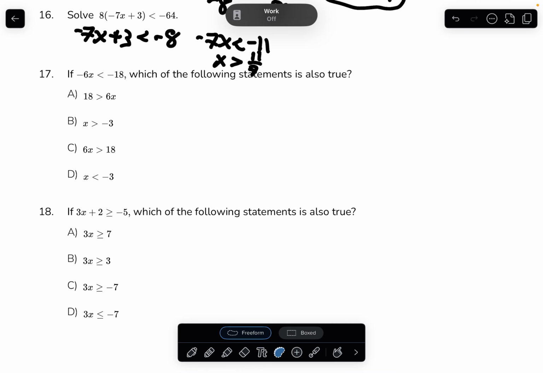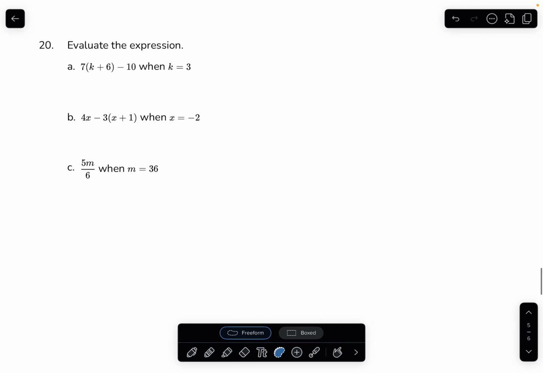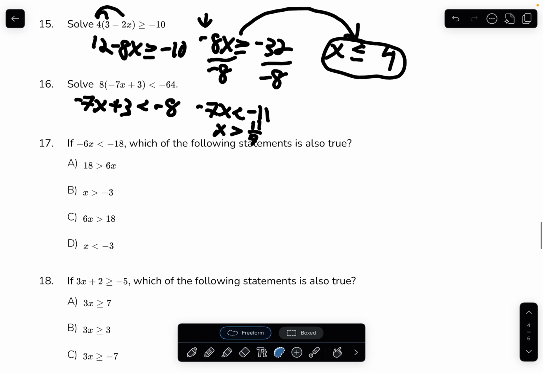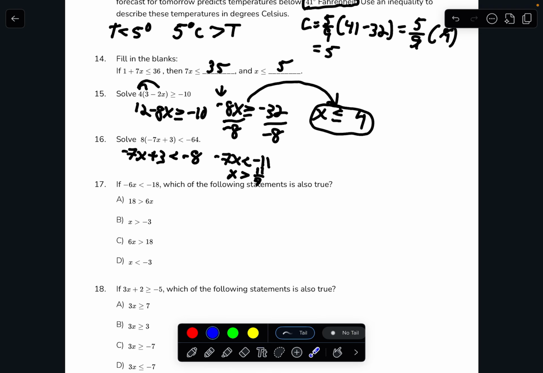I'm going to get through 17, 18, 19, and 20. 17 is pretty straightforward except for the one major deal here, that the x is negative. So you're going to have to divide by -6 both sides. So x, and you got -18 divided by -6, which I believe you guys should know is 3.